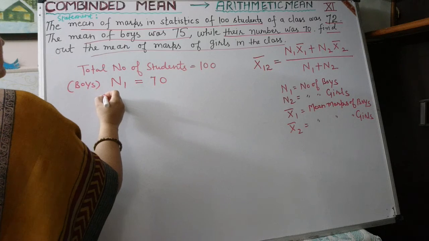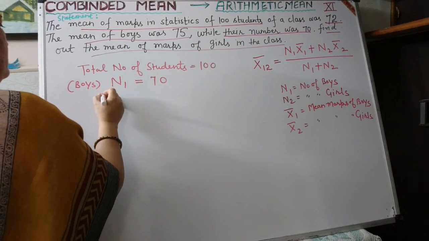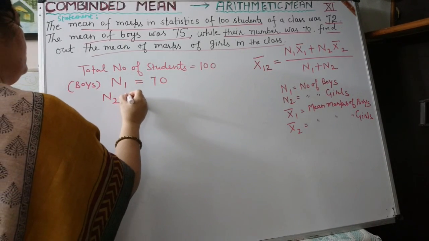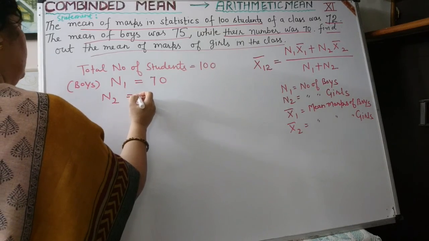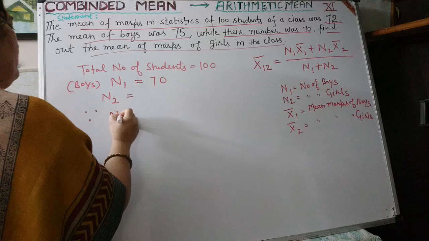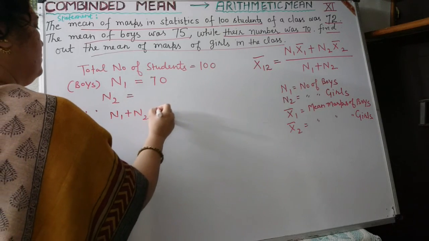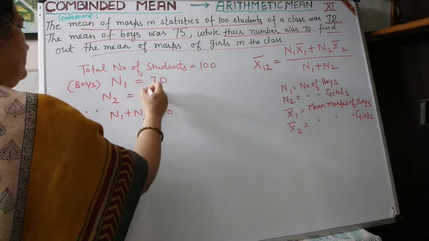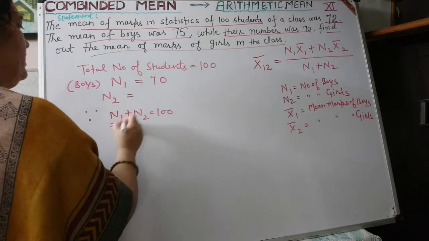The number of girls is not given, so we can calculate N2, because N1 plus N2 is equal to 100 and the value of N1 is given.